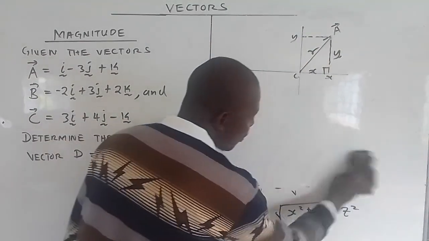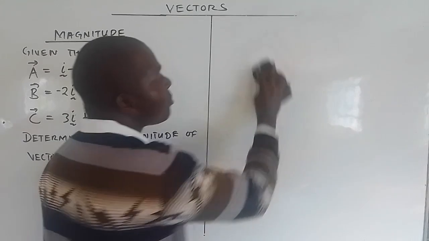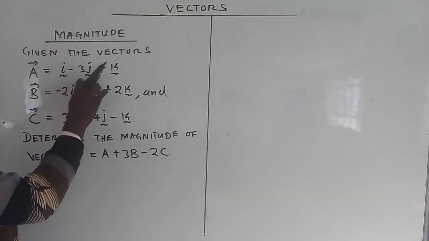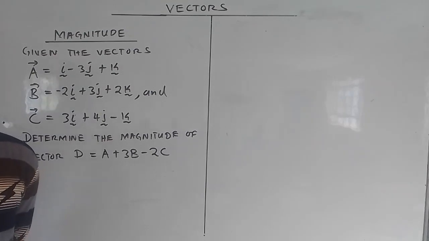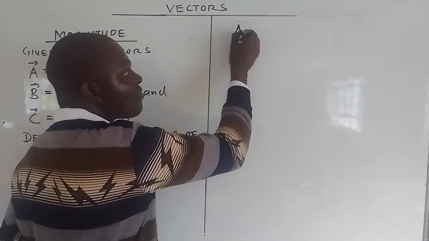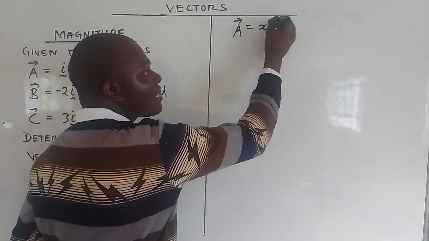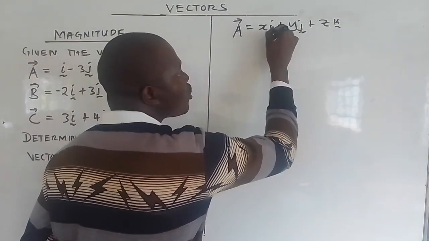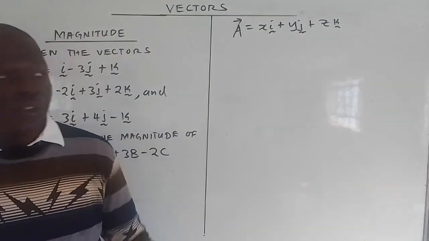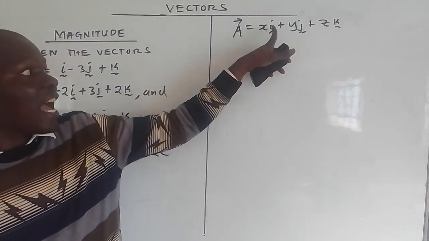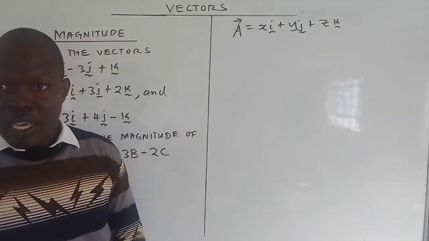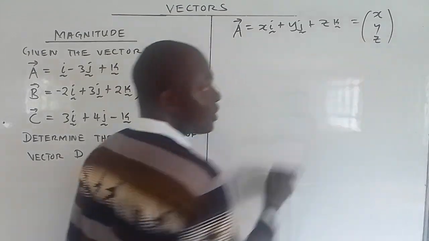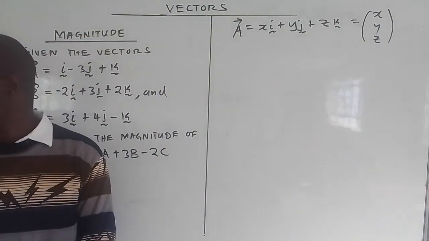So let us go back to our problem to explain this concept. You've been given vector A to be i minus 3j plus k, isn't it? So you know a vector is in the form xi plus yj plus zk, the position vector, isn't it? So the position vector is always in the form xi plus yj plus zk, which can be represented in column form as x, y, z, isn't it?